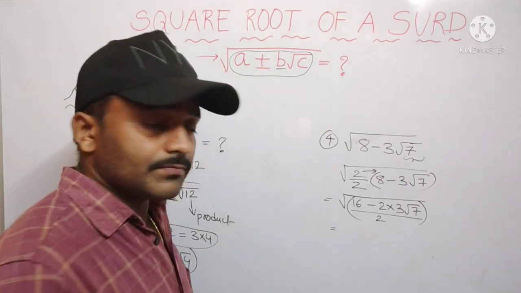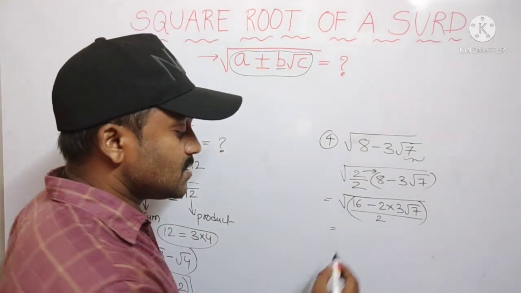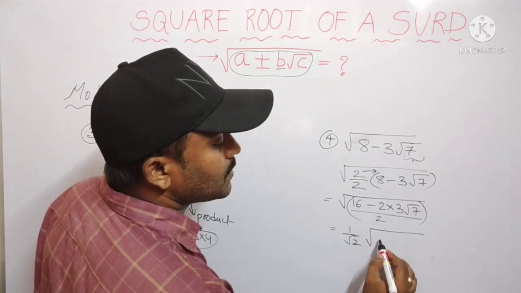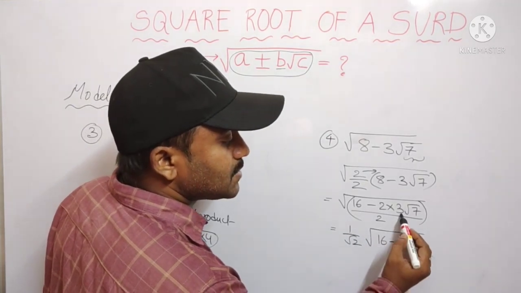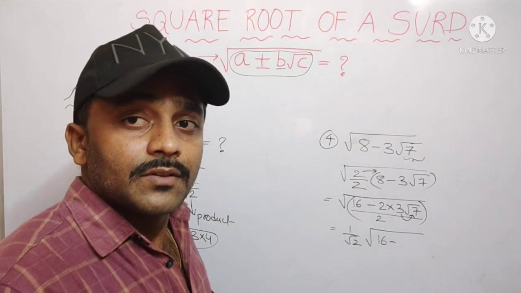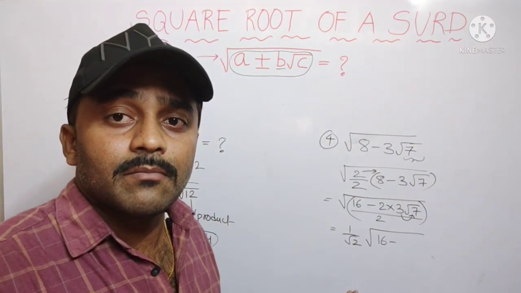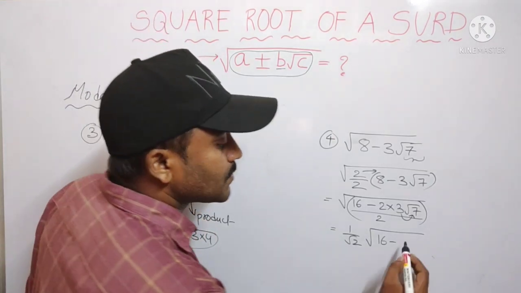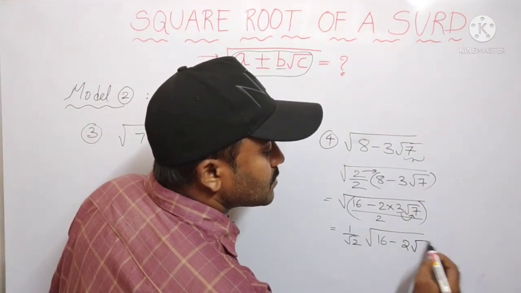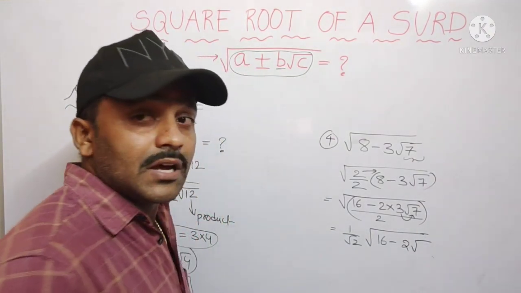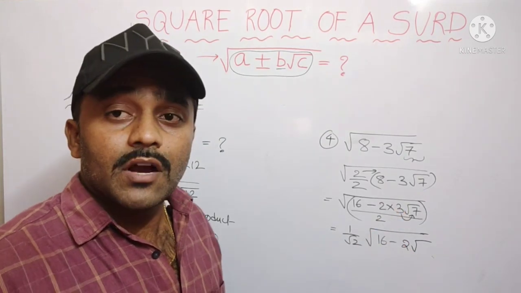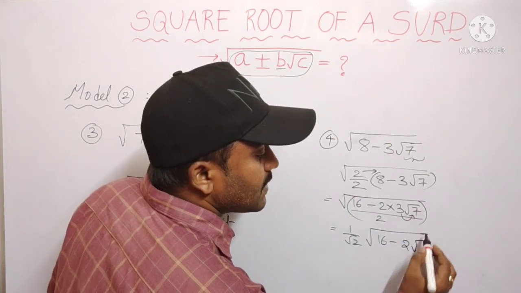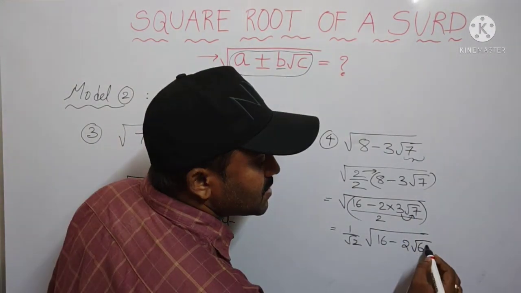So this 2, if you bring it outside, it will become 1 by root 2. Square root of 16 minus, this 3 take inside. Whenever an outside number you take inside, it will get squared. So 2 minus 2 into square root of, here 3 we have. If 3 goes inside, it will become 9. 9 into 7 is 63.